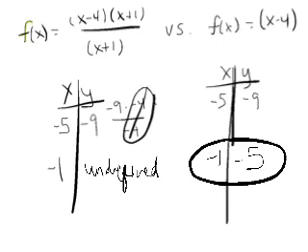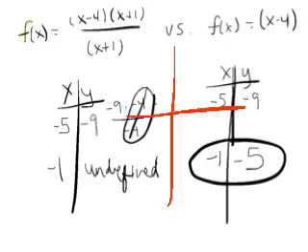What did we claim the hole is going to exist at? -1, -5. So the only difference between these two things is that they are both going to be a line at x minus 4, but one of them is going to have a hole and one of them would not. Does that make sense? Okay.